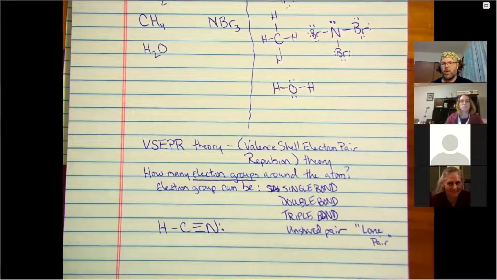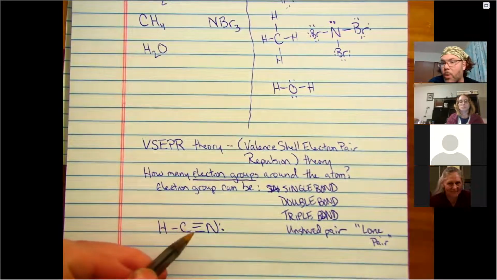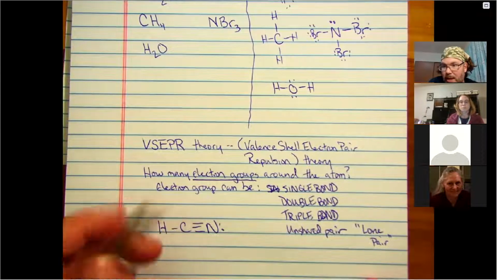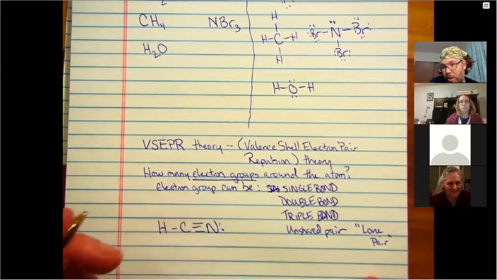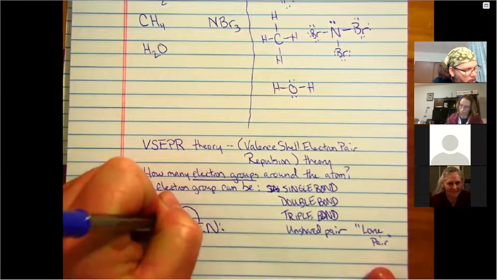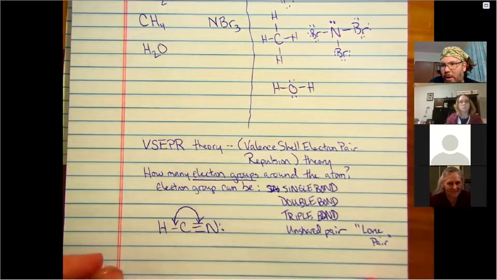Where would they go? On opposite sides, right? On opposite sides of that carbon. We often define the distance between 2 sets of bonds with an angle. We call it a bond angle. So the bond angle from that single bond over to that triple bond is going to be what, if they're as far apart as they possibly can be from one another?